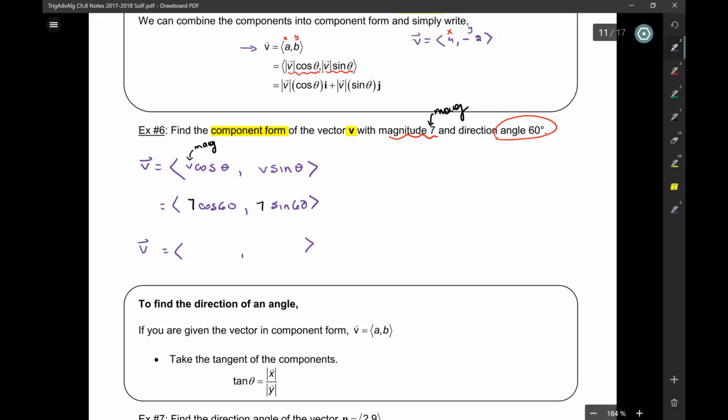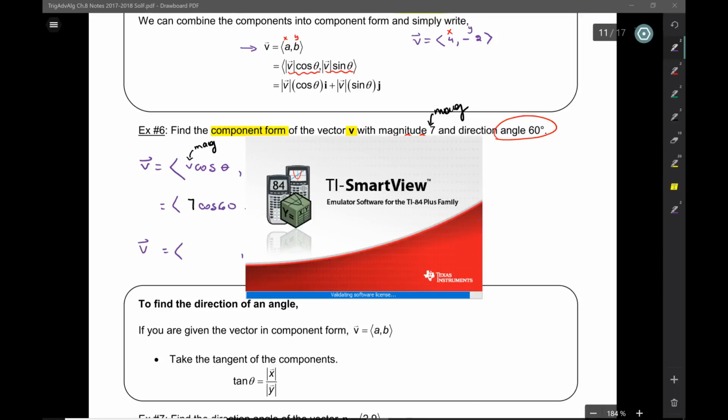Do you remember? It's either 1/2 or root 3 over 2. Sorry, cosine is 1/2, and the sine is root 3 over 2. So that'll be 7 times 1/2, which will be 3.5.